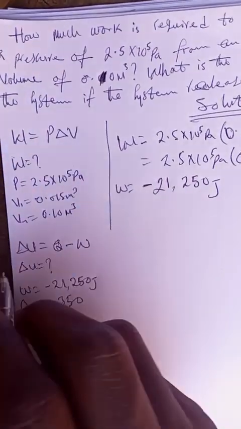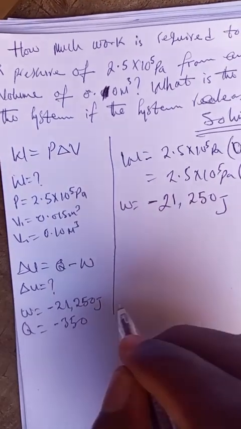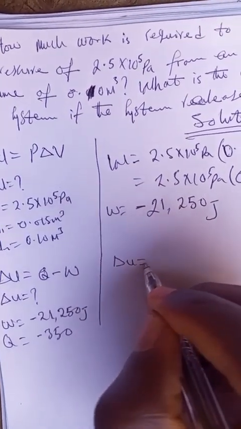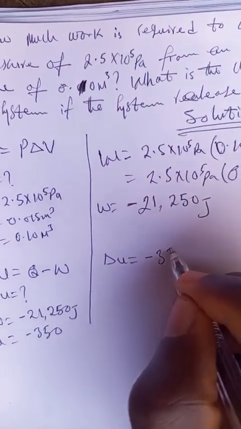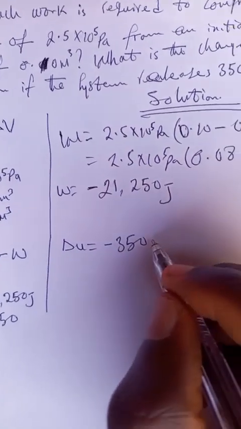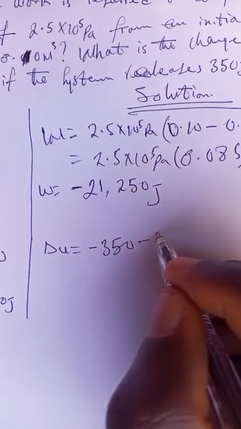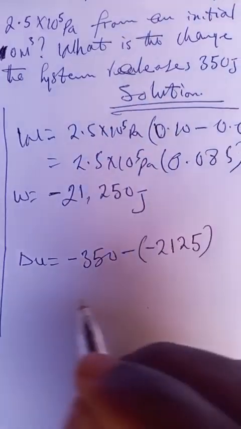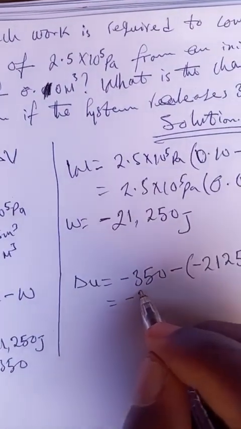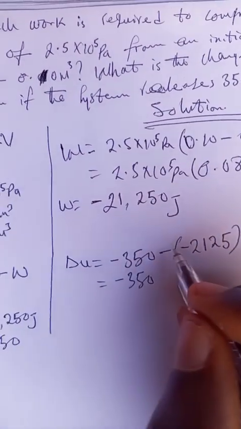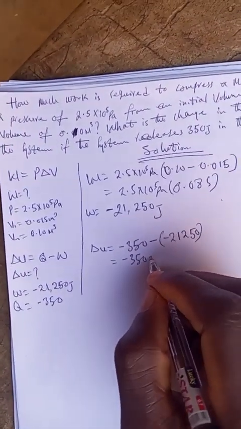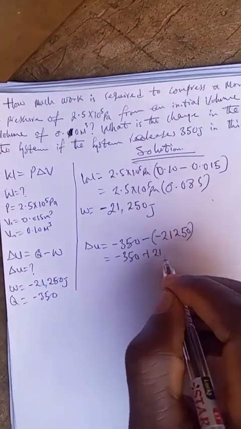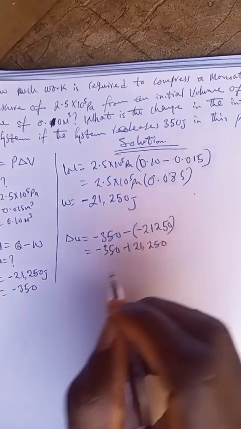So to apply this in the formula, it will be internal energy is equal to minus 350 joules minus open bracket minus 21,250. So this will be minus 350 plus 21,250.